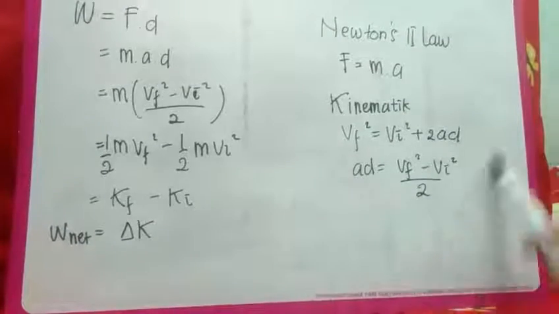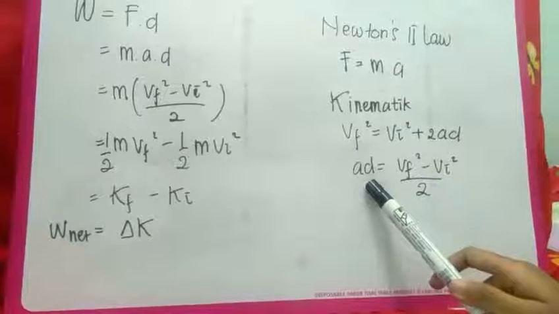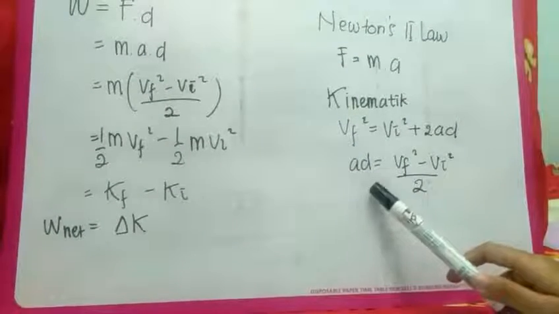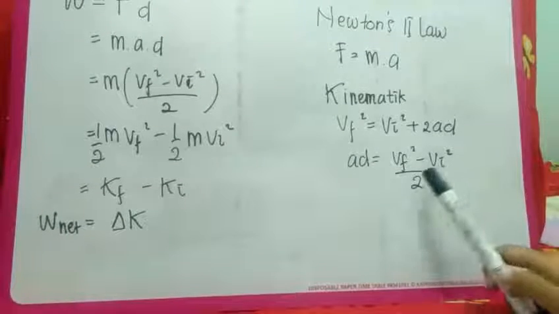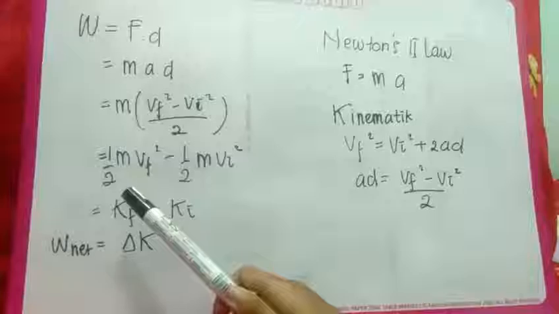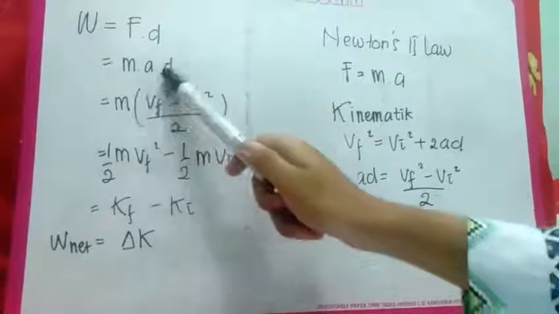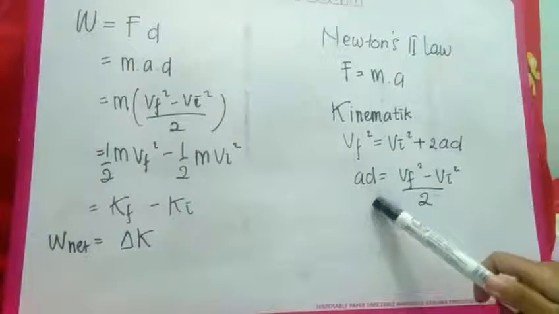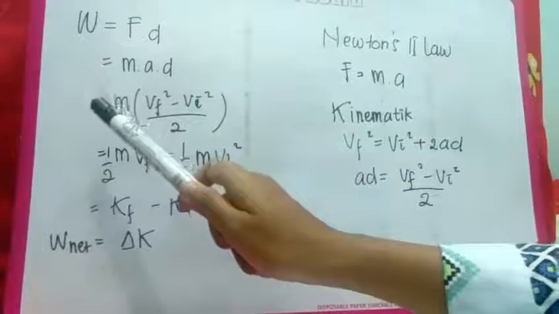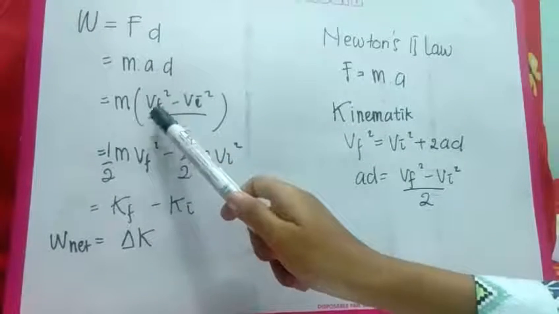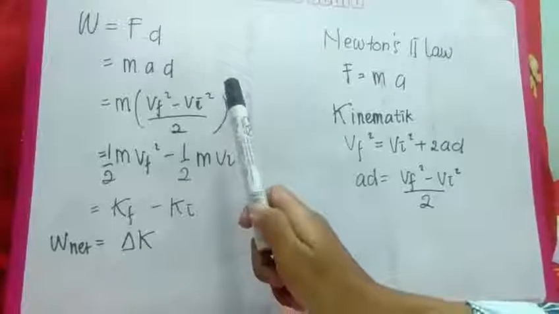Looking at this kinematic formula, I'm just going to isolate a times d. So I get a times d equals v final squared minus v initial squared, divided by 2. And then we replace a times d in the work formula with a times d from the kinematic formula, and we get that W equals m times the quantity v final squared minus v initial squared, divided by 2.